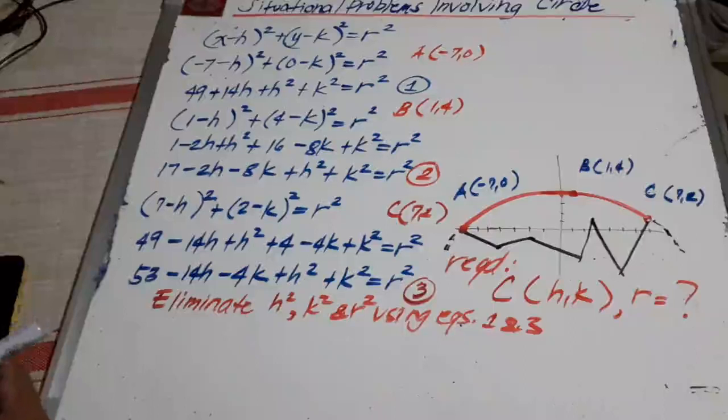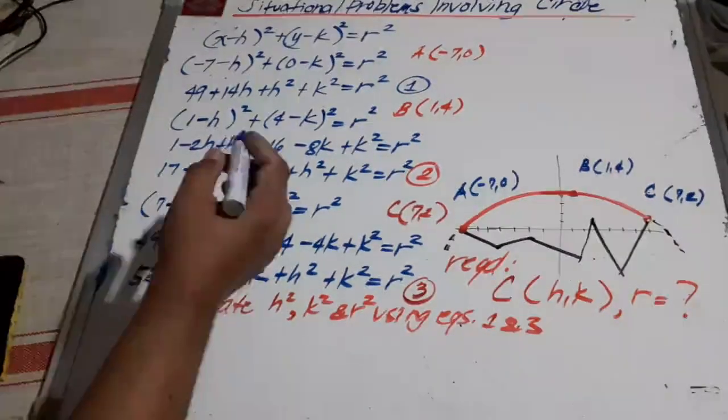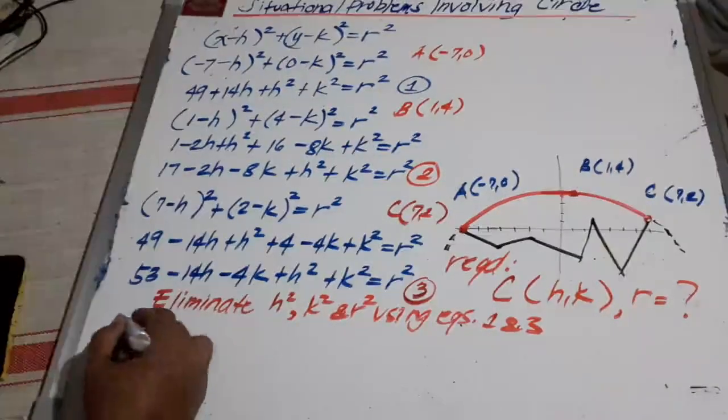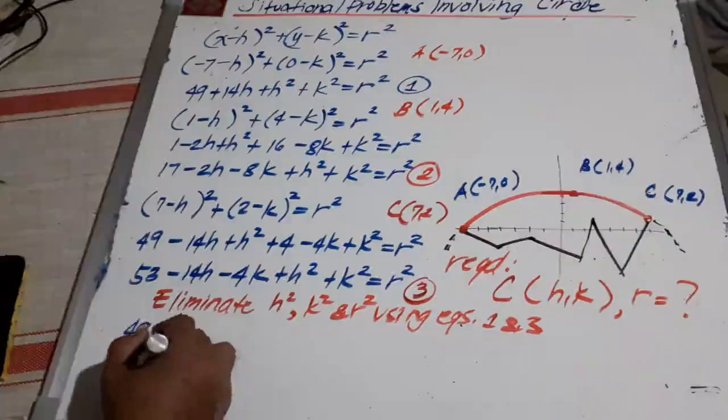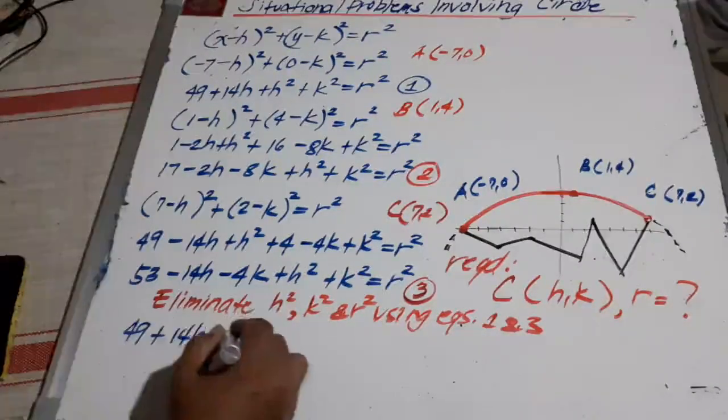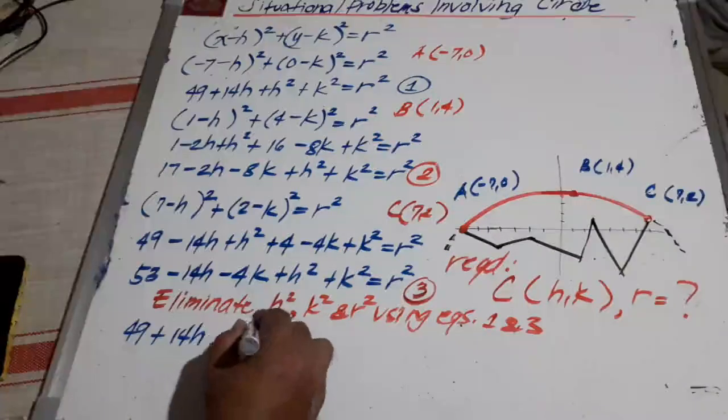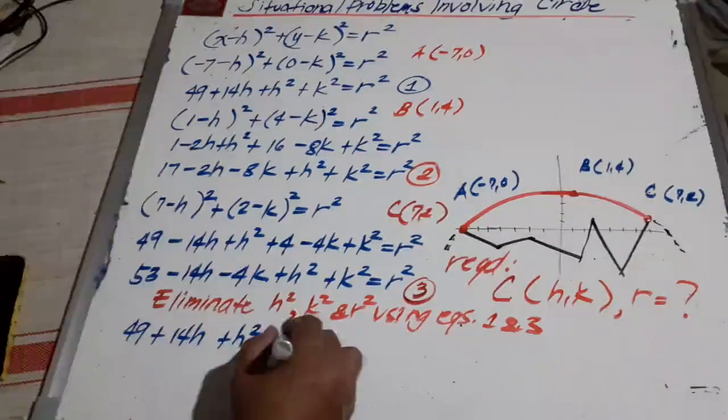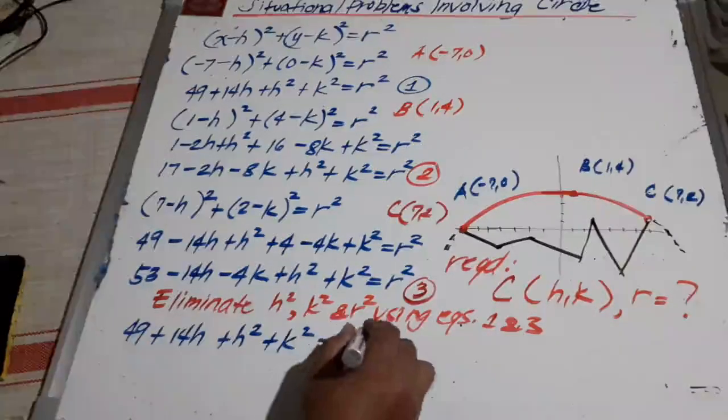Paano yan? So, equation 1 is 49 plus 14h plus h squared plus k squared equals r squared.